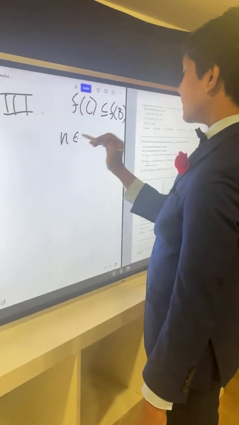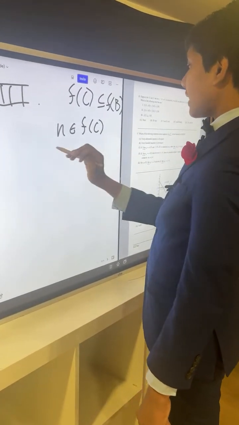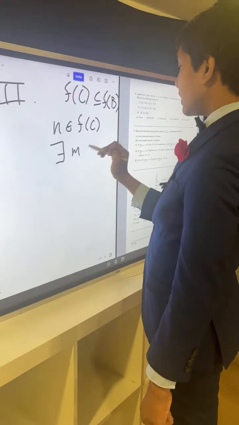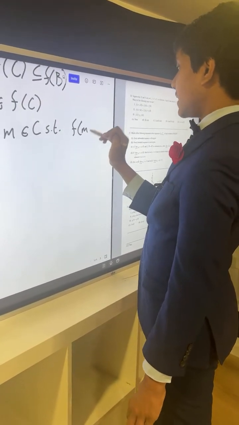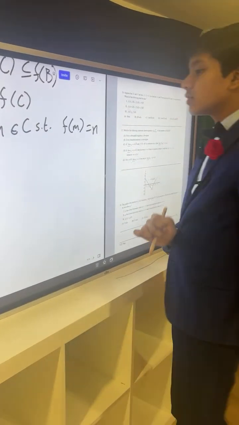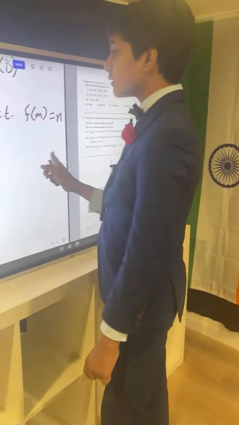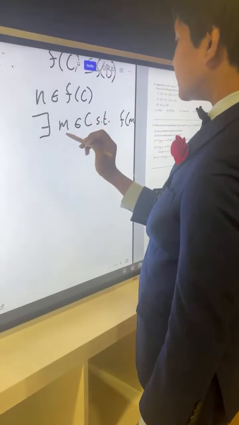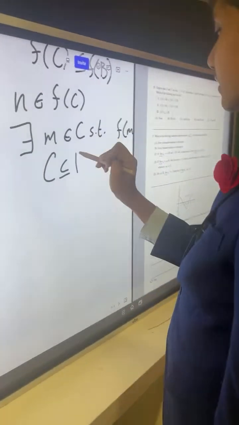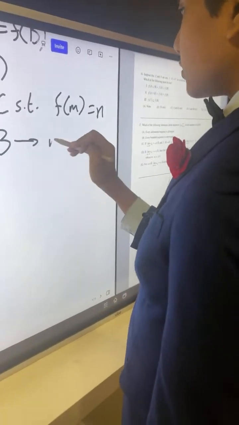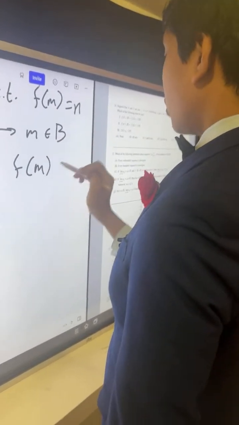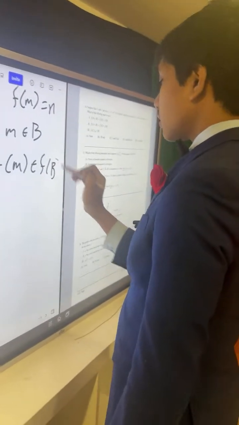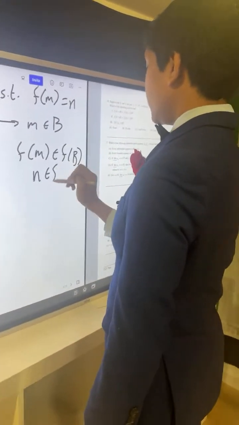If n is in f of c, that means there exists an m in c such that f of m is equal to n. And so that means that if m is in c and c is a subset of b, that means m is also in b, which means that f of m is also in f of b, which means that n is in f of b.